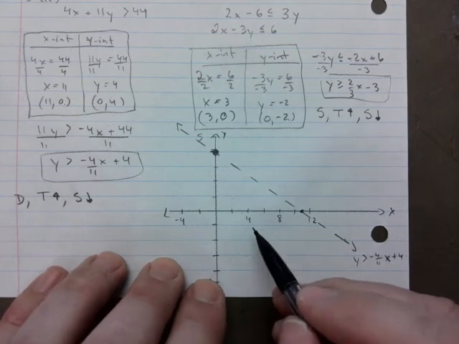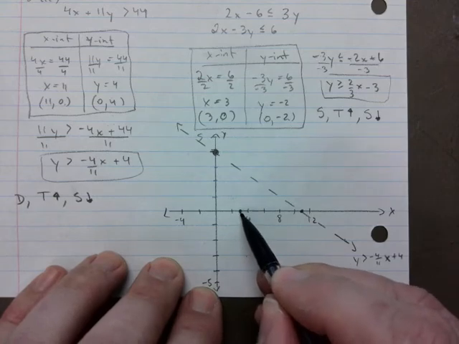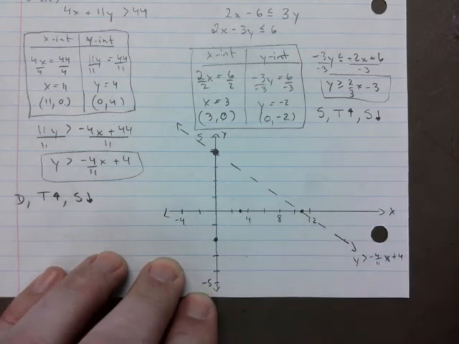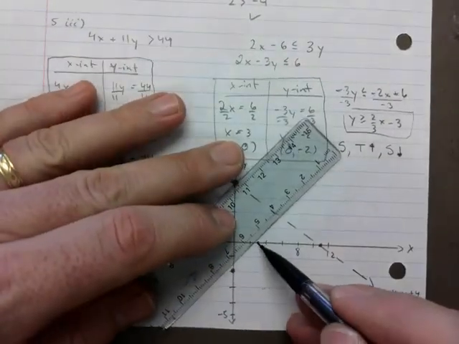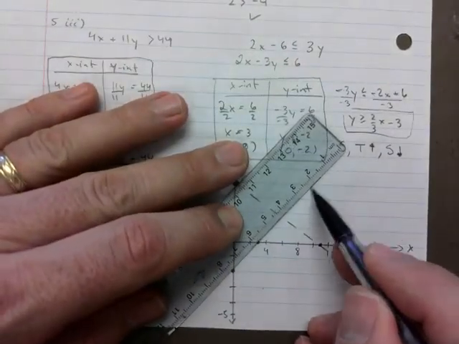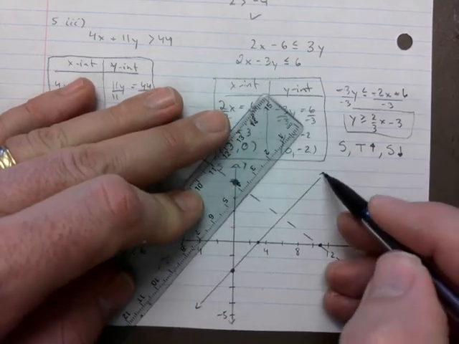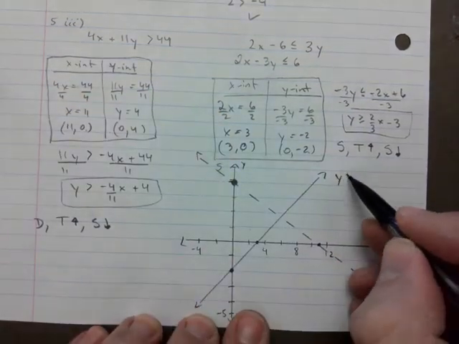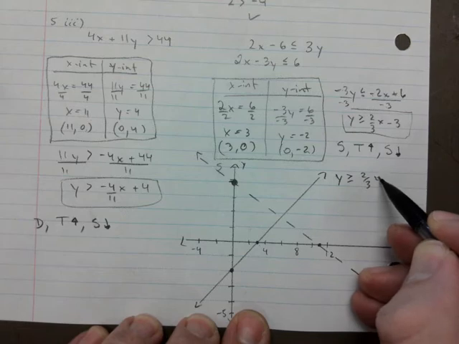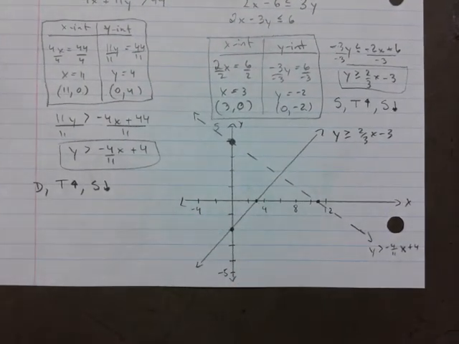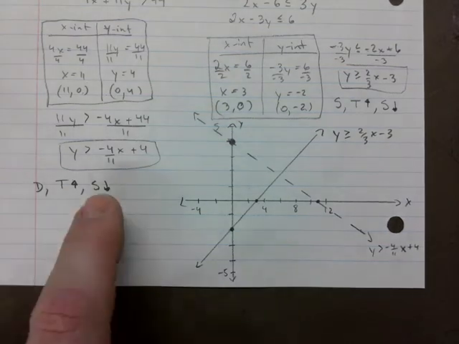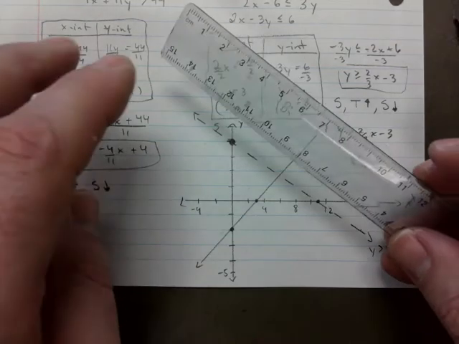And the other one is 3, 0, which is right there. 0, negative 2, solid line. Graph that. Y is greater than or equal to 2/3 x minus 3. All right. Let's shade. So we're supposed to shade below for our first line, which is this one.